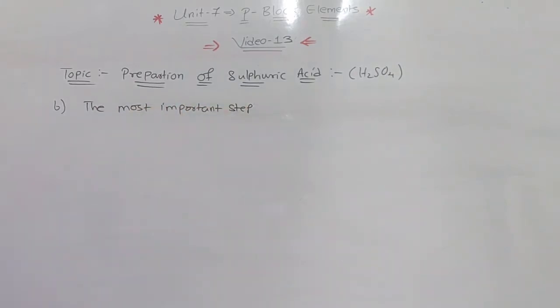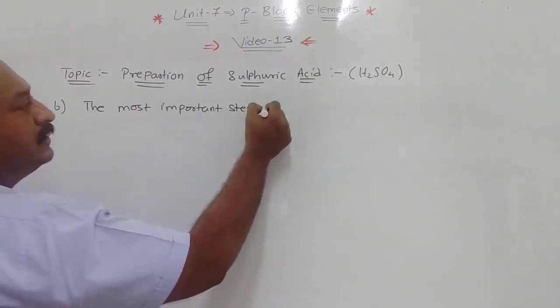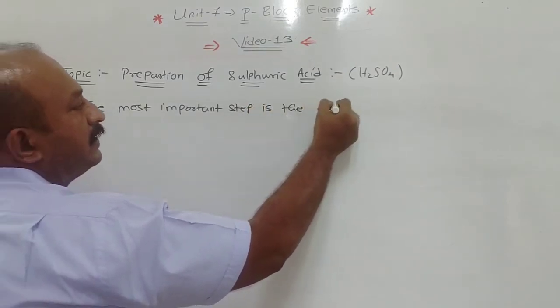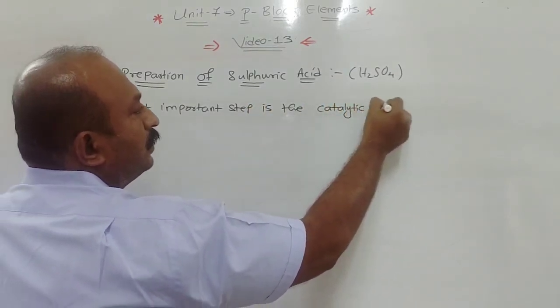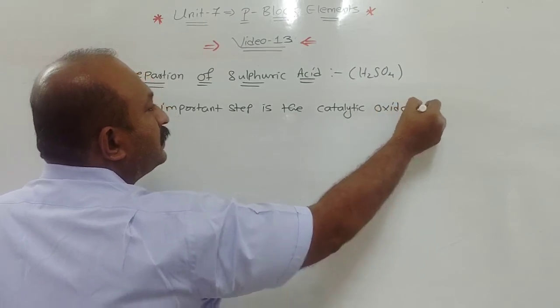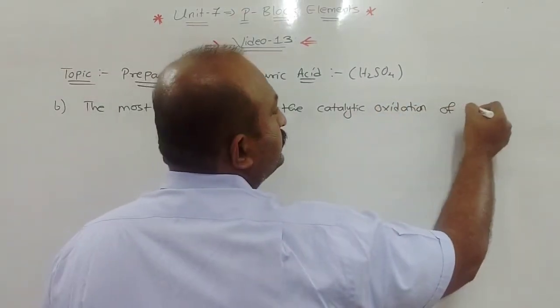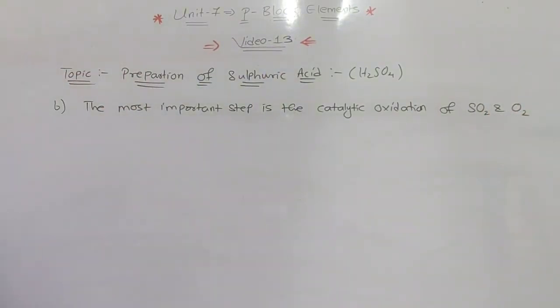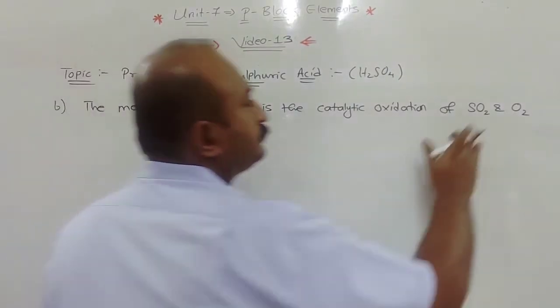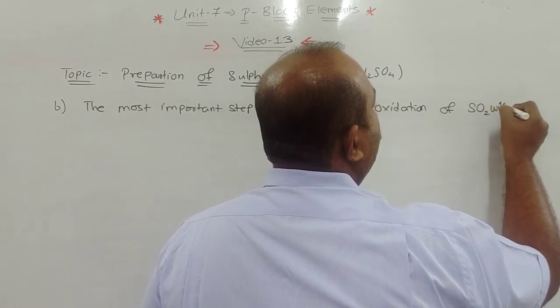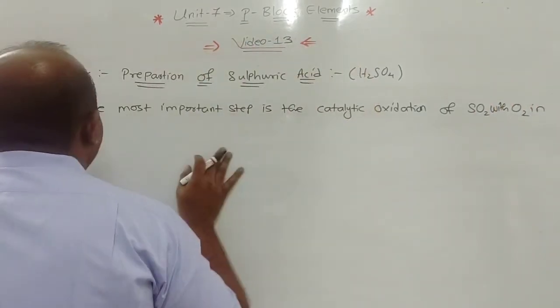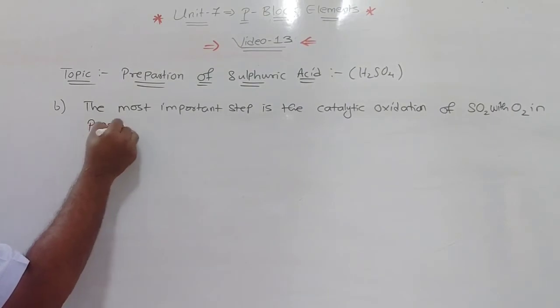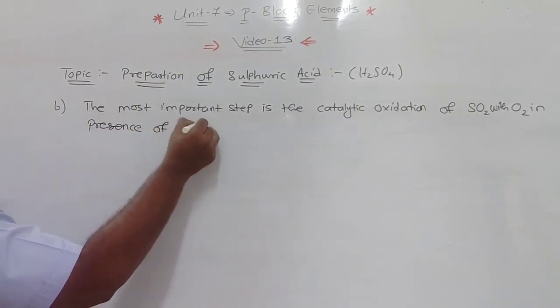Now what is the most important step in this case? The most important step is the catalytic oxidation of SO2 with O2 in presence of V2O5.